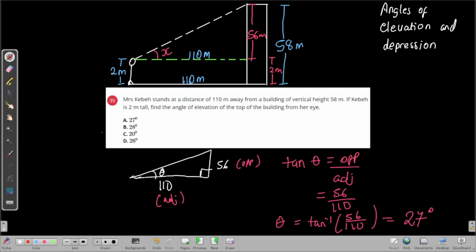Okay, so the key here is being able to identify that when the woman is standing, you have to subtract those two heights, the building's and our own height. If her eyes were on the ground, which is not possible, you would just draw your imaginary line like this and this would be your angle, and you wouldn't need any other scenario. But our eyes are at the top of our head, so you have to include the height.